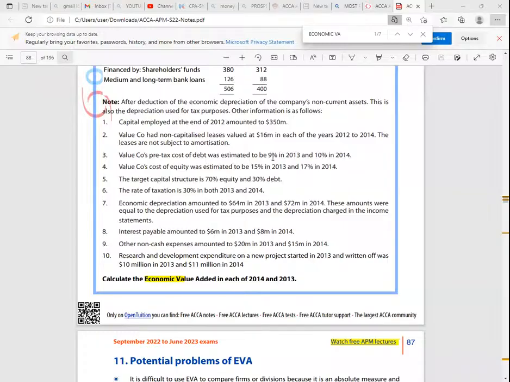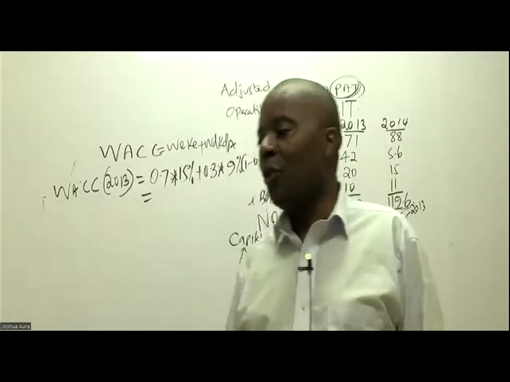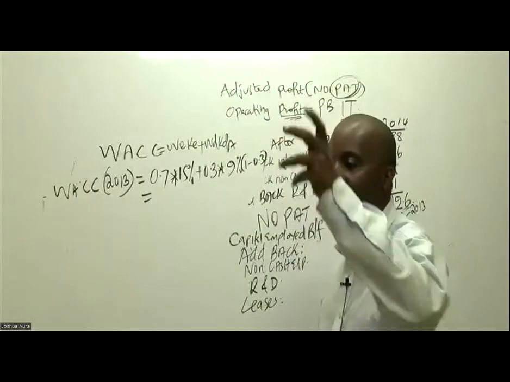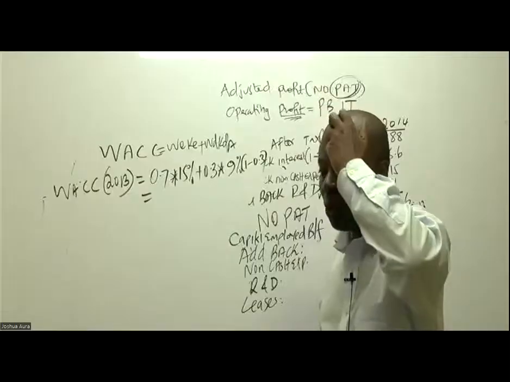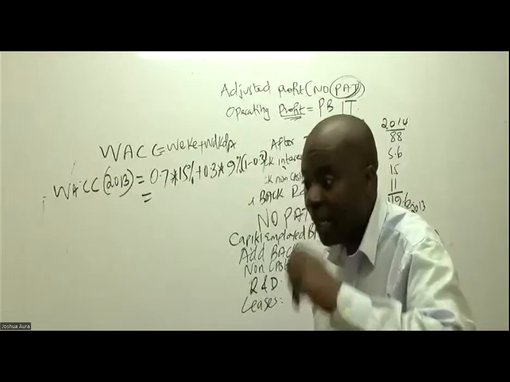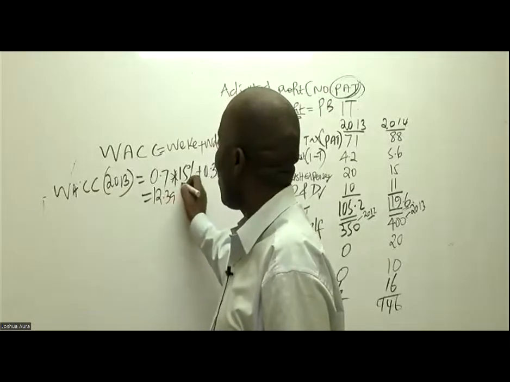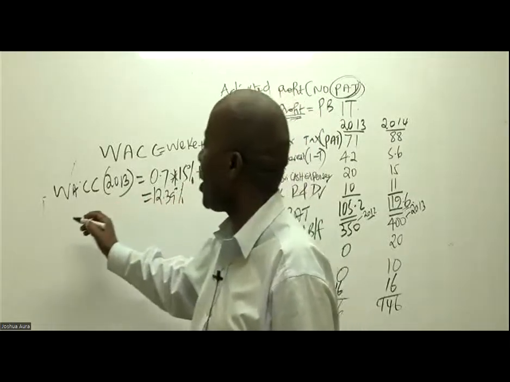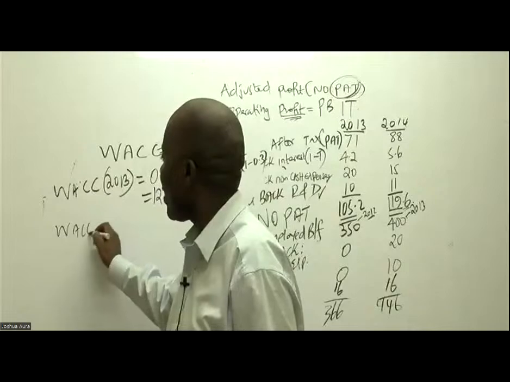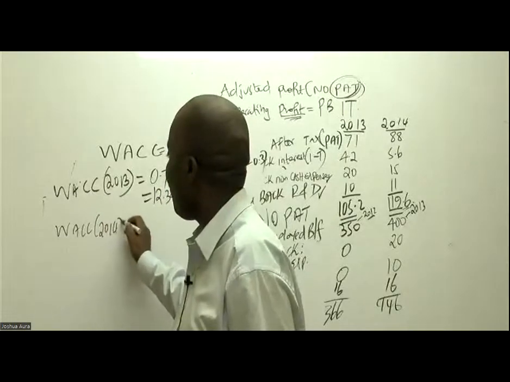So remember, this 9% has to be tax adjusted. So you take 9%, you multiply it with 1 minus taxation. And then I should be able to give us an answer like Helen Hamala has given us, 12.39%.